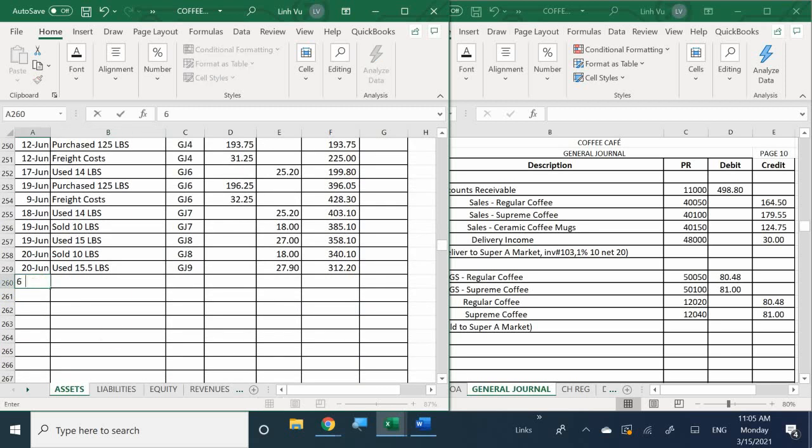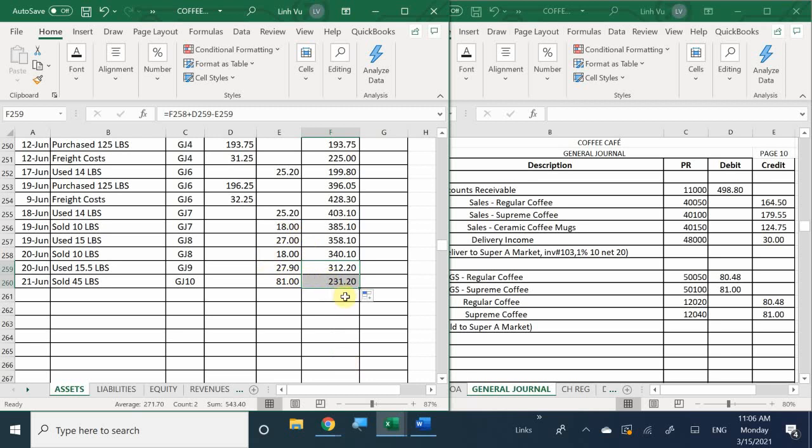Last but not least, so here we're going to fill in our Supreme Coffee. We sold 45 pounds. So what is my grand new total? 231, what? 20.